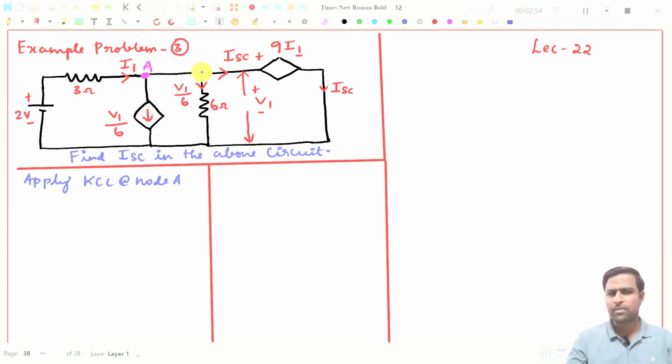Both nodes are the same, this node will be the same as this node because there is no element connected.